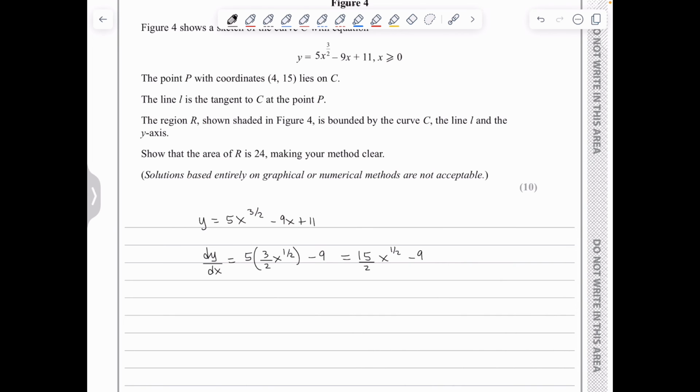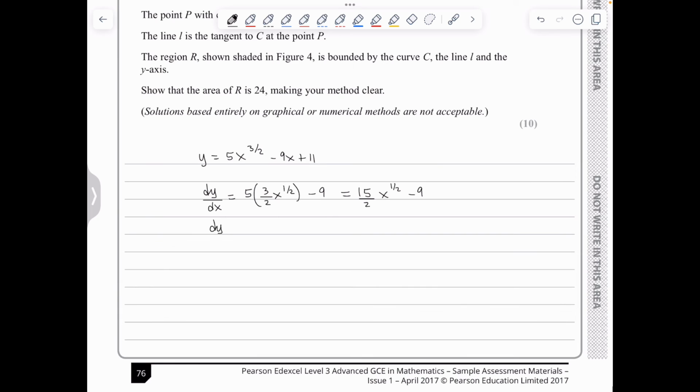So we will evaluate the derivative. So dy/dx at the point P, at x is 4, is equal to 15 over 2 times 4 to the half minus 9, which gives an answer of 6. This is the gradient of the tangent.